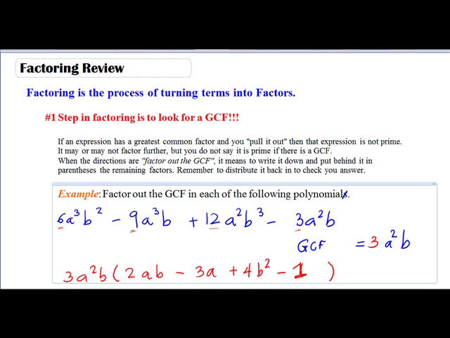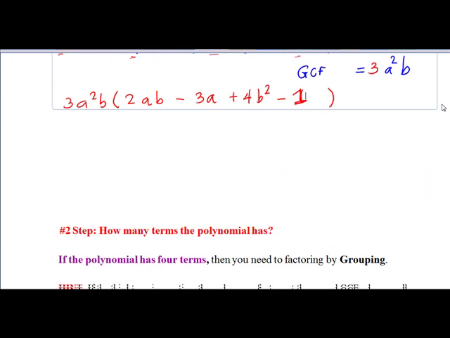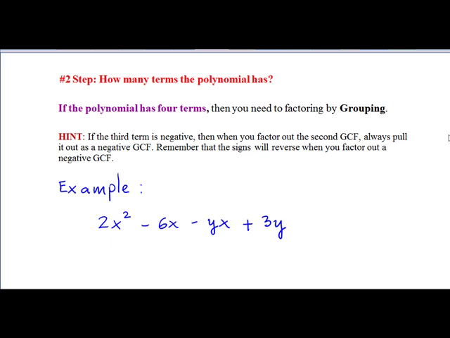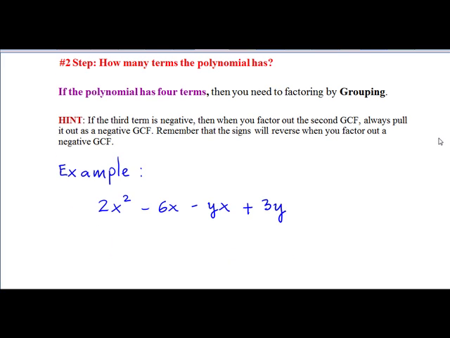Then after this step, you ask yourself how many terms the polynomial has. If the polynomial has 4 terms, then you have to do the grouping method. So look at the example. Once again, before you do anything, always ask yourself, can I pull out the GCF?